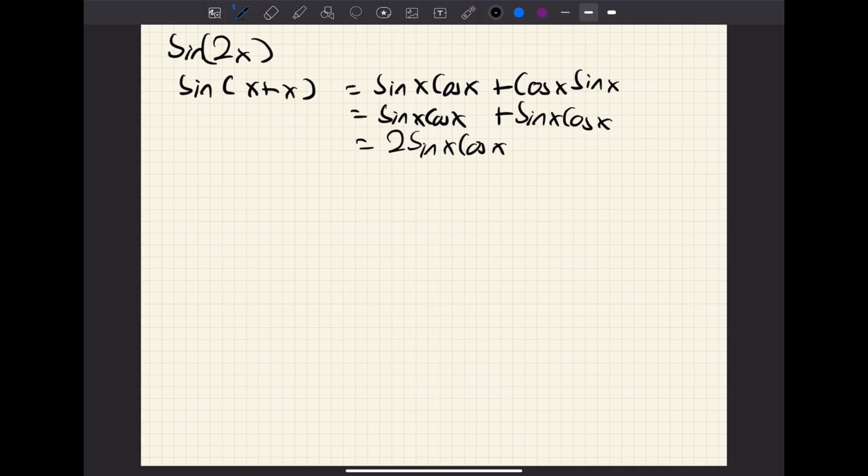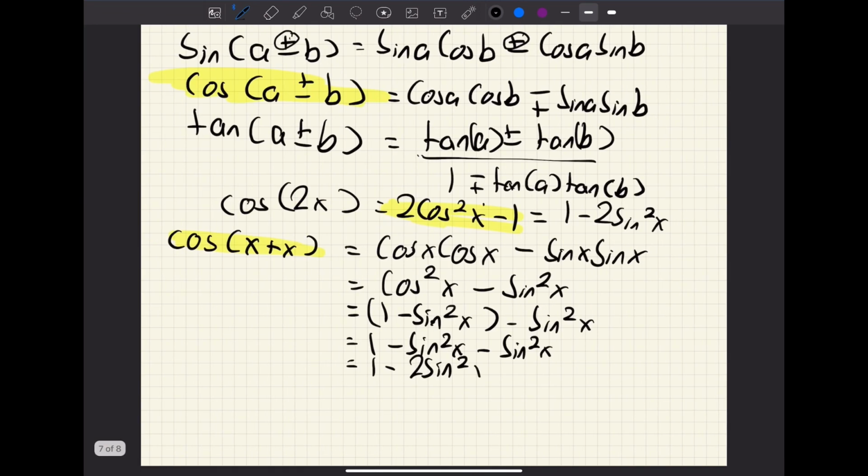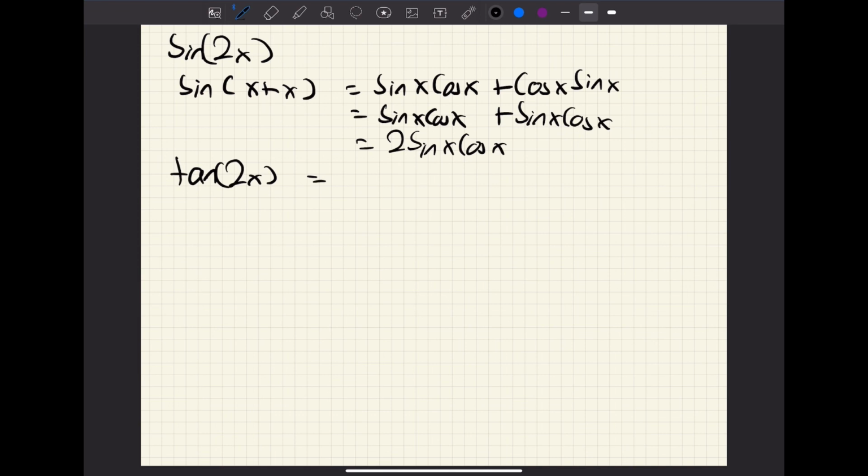Okay, let's move on to tan 2x. So you know beforehand that tan(a + b), we know this entire formula. So let's rewrite it as tan(x + x), so a and b are both x.